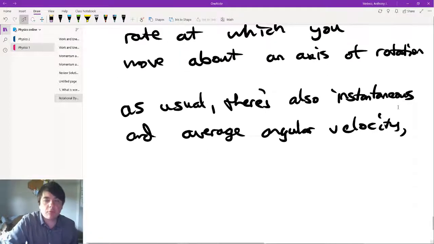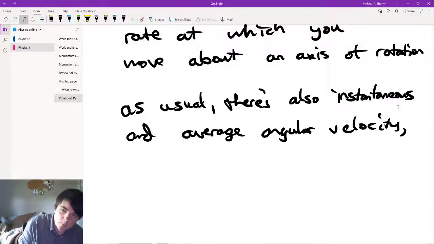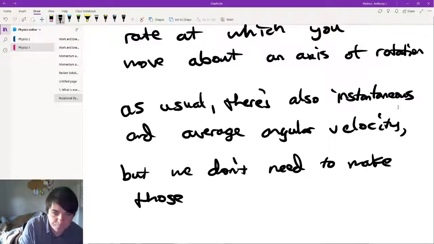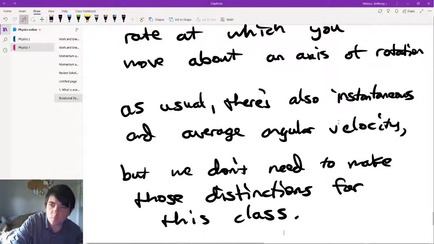You can basically pick up speed and slow down as you're moving around that circle. But we don't need to make those distinctions because we won't be solving those problems. But you can certainly do it. Just know that it exists. Okay.